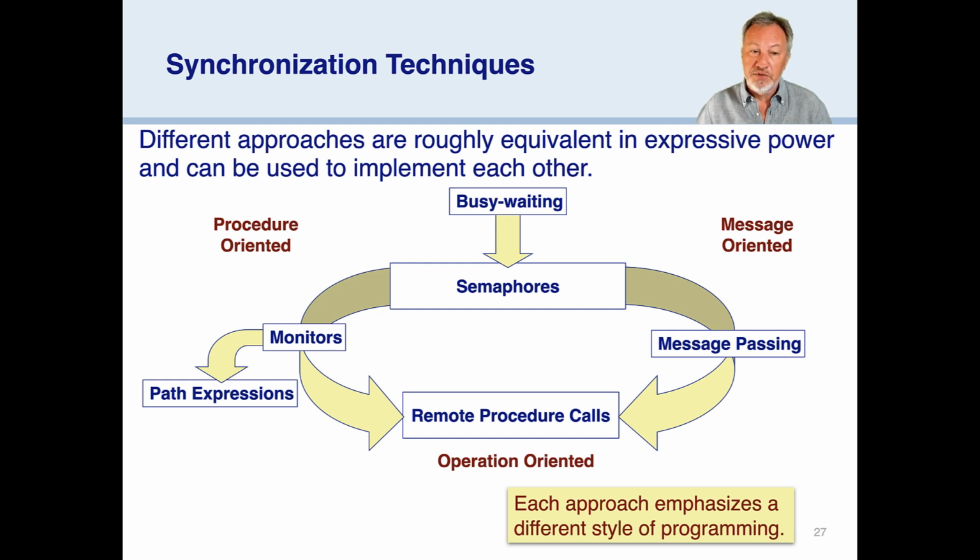On the procedure-oriented approach, we have, as we'll see in a moment, monitors. Monitors are the basic mechanism we have provided in the Java language, and we'll see how they work in a moment. On the other extreme, we have message passing, and message passing approaches where processes don't communicate through shared resources, but explicitly send packets of information to each other. Monitors in Java end up getting mapped to objects. So every object in Java can be a monitor.